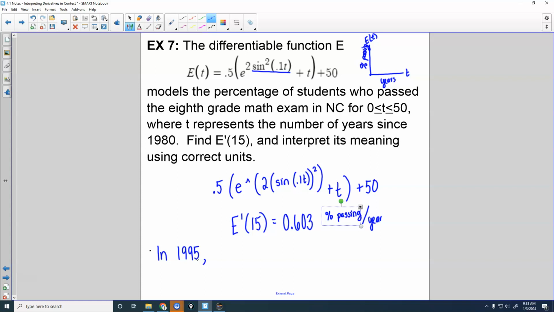So this is just our first derivative. This is not a rate of a rate. It's the rate of whatever E is. What was E again? Percent passing.